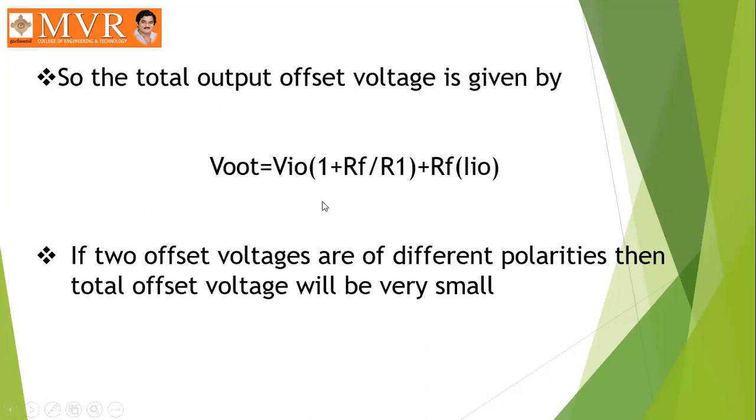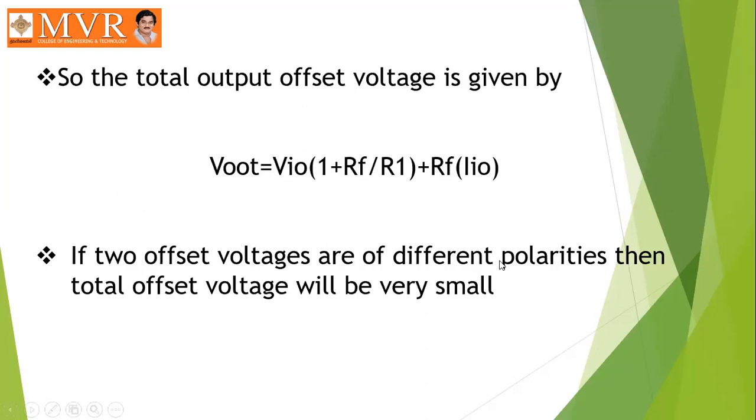So here you can see this first term is due to input offset voltage. That means output offset voltage due to input offset voltage plus output offset voltage due to input bias current or input offset current. So the total output offset voltage is given by the combination of these two offset voltages. These two offset voltages are of different polarities.